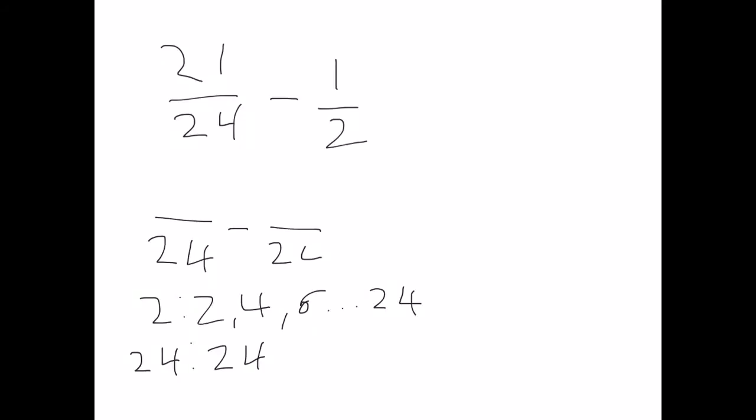So you set it up as 24 on the bottom, and then for each thing, for the first number, it stays the same because nothing changed. Then for this, 2 had to be multiplied 12 times, so it's 12.